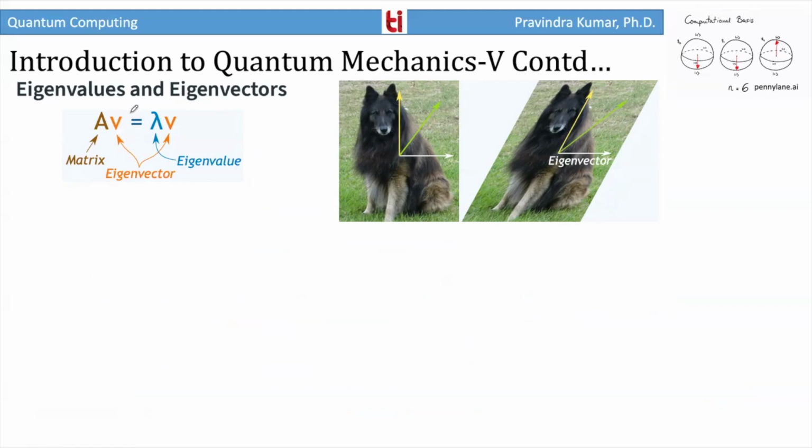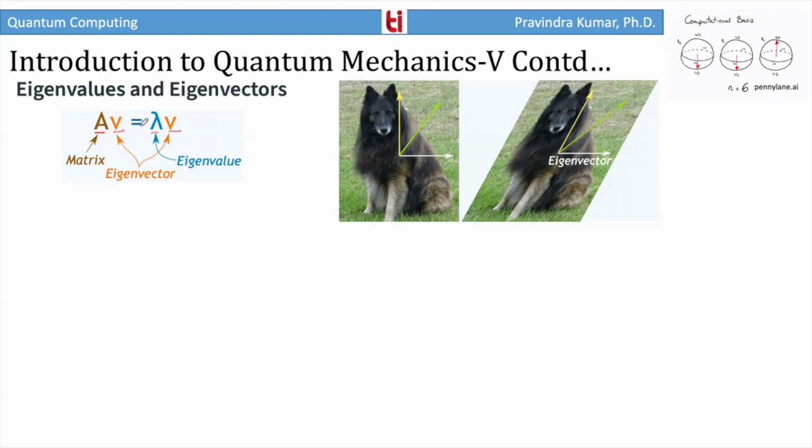Now eigenvalues and eigenvectors. Eigenvectors are the directions that remain unchanged during the transformation, even if they get longer or shorter. If A is a matrix and we apply this operator or matrix on the eigenvector, we will get the same eigenvector scaled by the eigenvalue lambda.